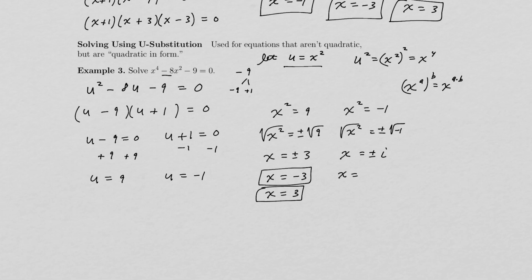So x could be negative i, or x could be positive i. So actually there's 4 solutions here. 2 of them happen to be real, and then 2 of them happen to be complex, or in this case pure imaginary, because there's no real term there. Okay, so we have our 4 solutions in this case.